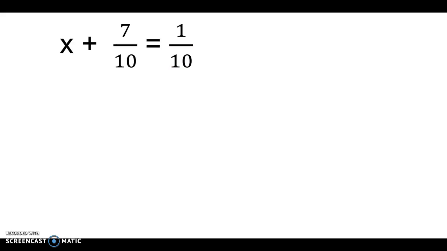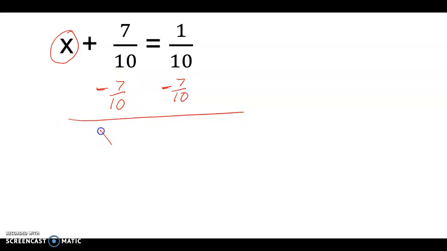The variable term is the x. And get rid of the plus 7/10 by going minus 7/10. Minus 7/10. So we get x equals, so you're going to go 1/10 minus 7/10. So do that in the calculator. 1/10 minus 7/10.